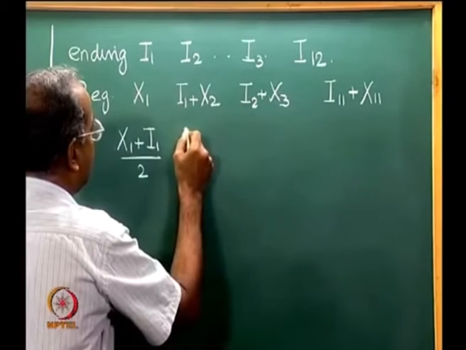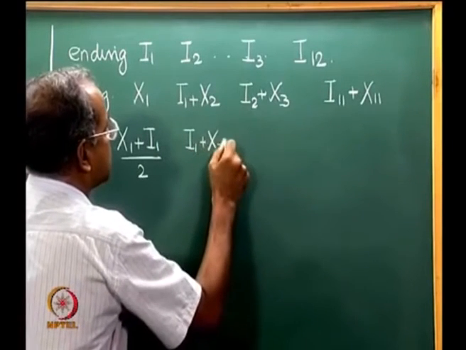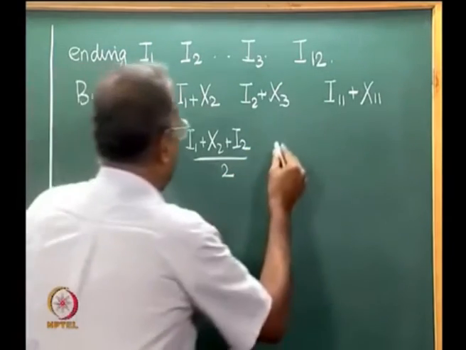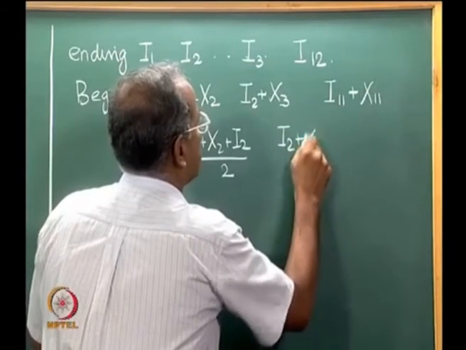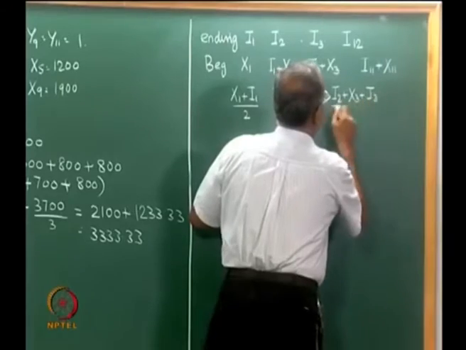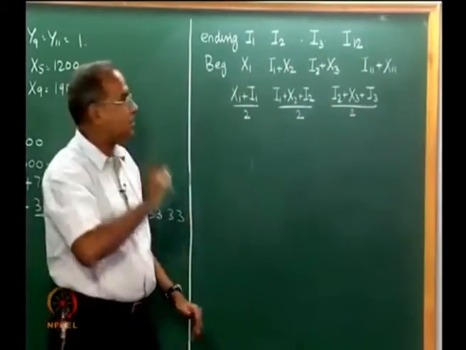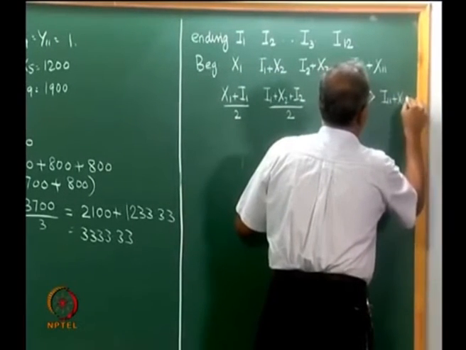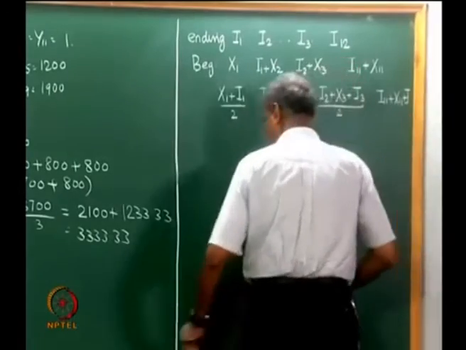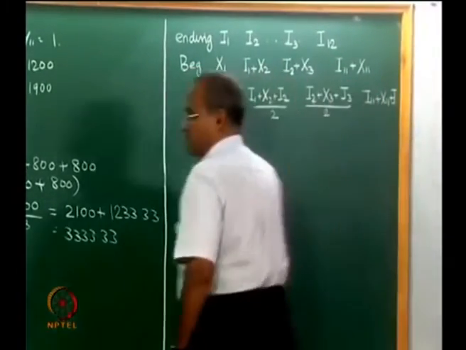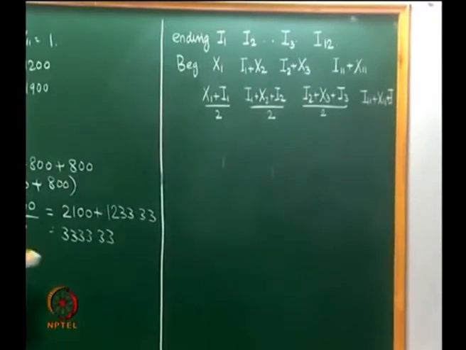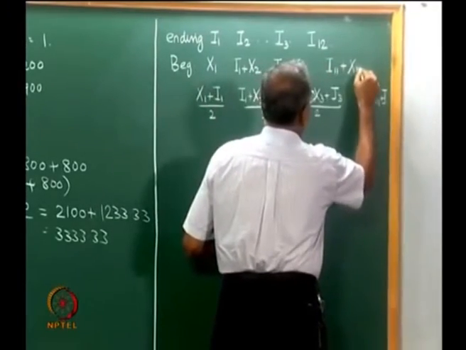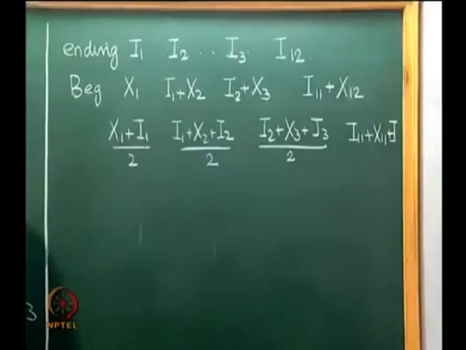The average inventory here will be I1 plus x2 plus I2 divided by 2, and one more term, it will be I2 plus x3 plus I3 divided by 2, and for the 12th period, the beginning inventory will be I11 plus x12, because x12 is the quantity that we order.